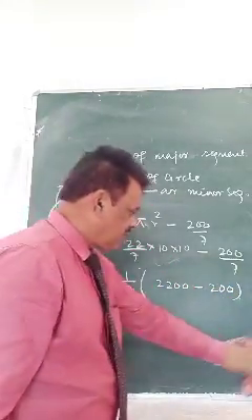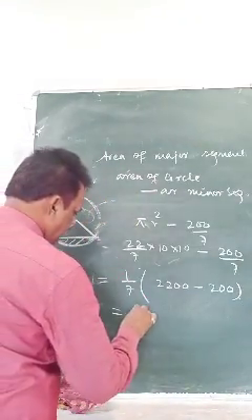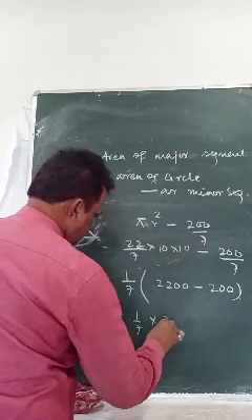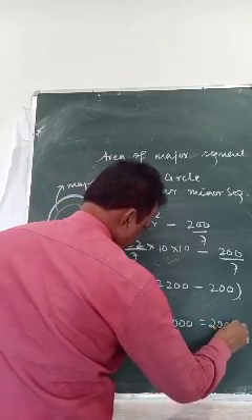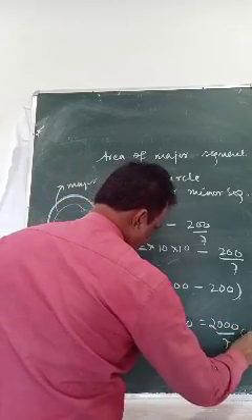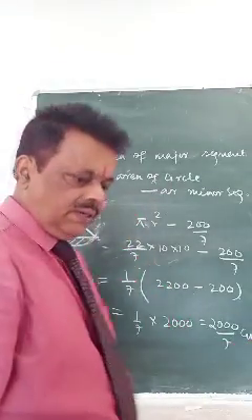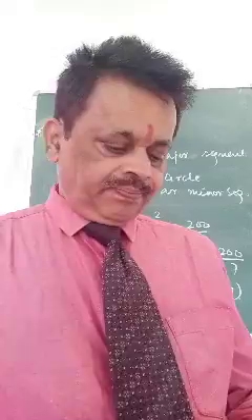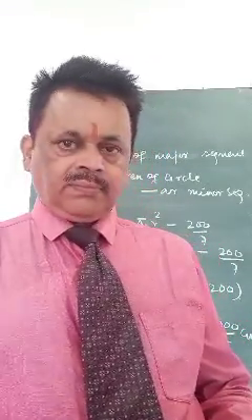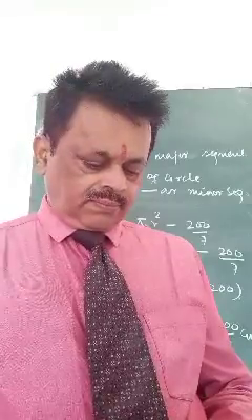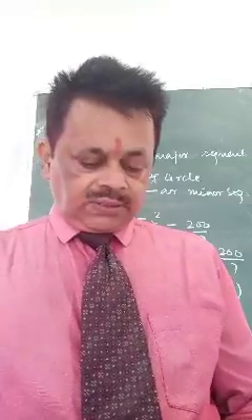So how much you will get? 1 by 7 into 2000. Okay, so before you go to a new question, rest of the question we will do in the next class.